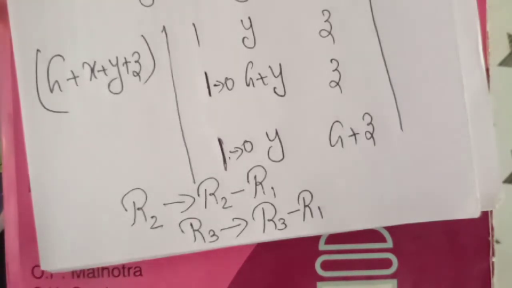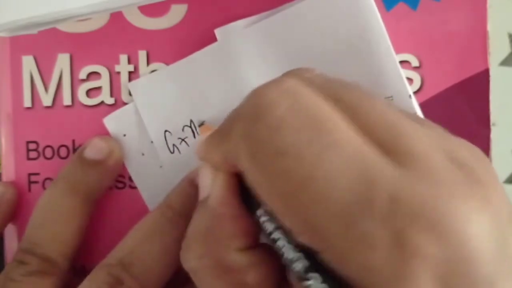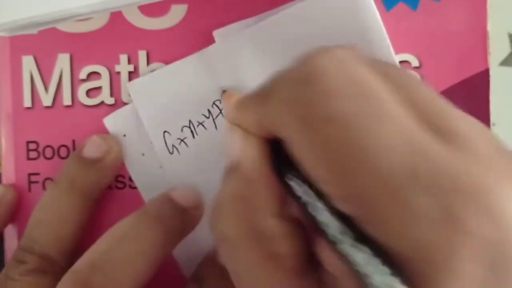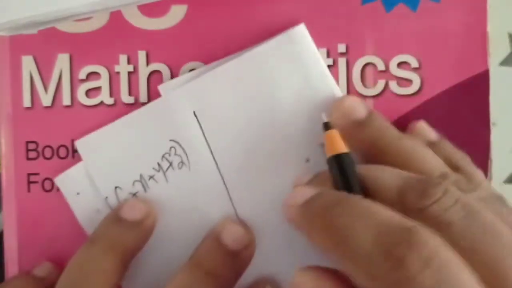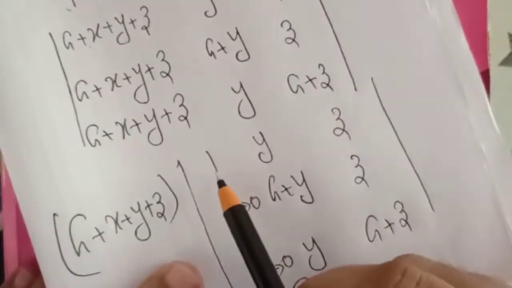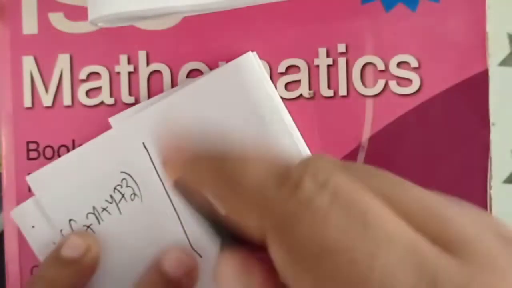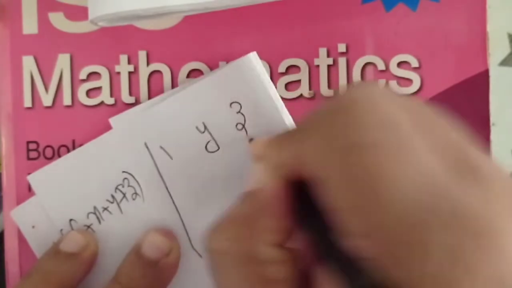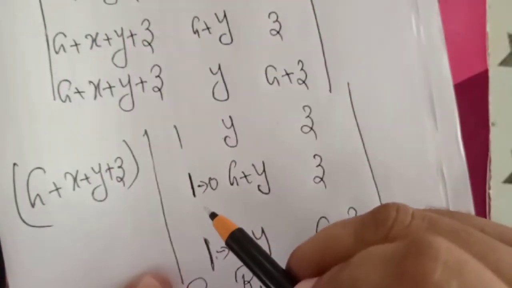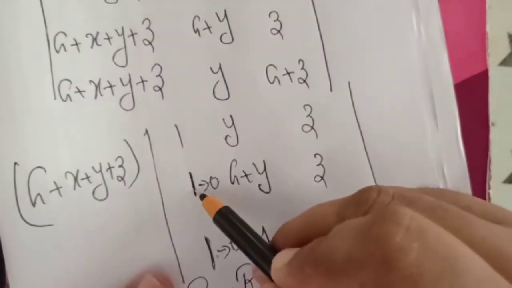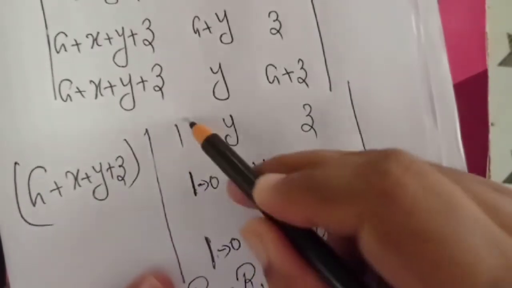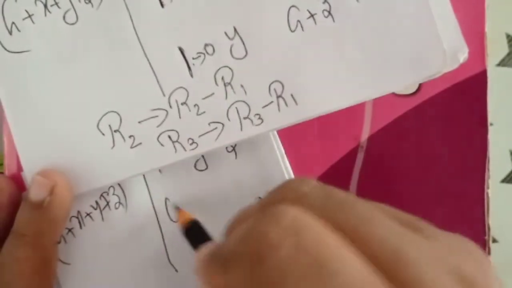Now, write that. a plus x plus y plus z is in the outside part. The first row no change. First row 1, y, z. Right. 1, y, z. When you subtract, R2 changes to R2 minus R1, 1 minus 1, 0.